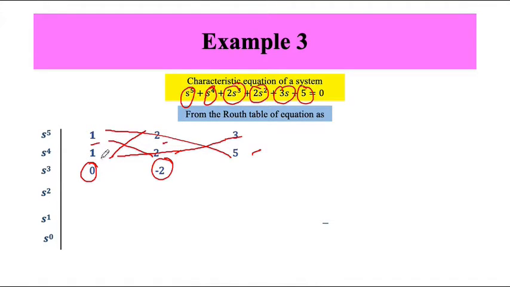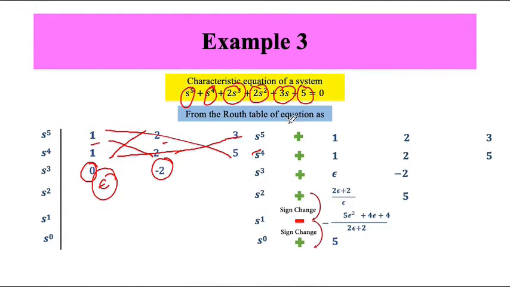So we see that this term is becoming 0. What we learned is that we replace it by a small positive number epsilon. So 0 is replaced by a small positive number epsilon now. So this will be epsilon. Okay, now calculate another term.